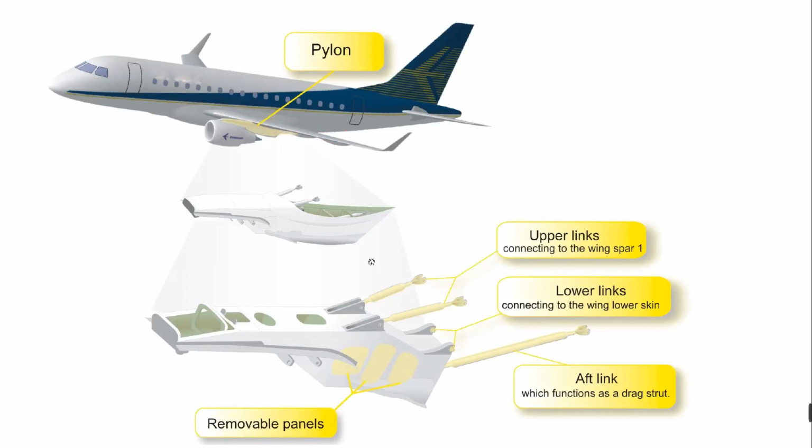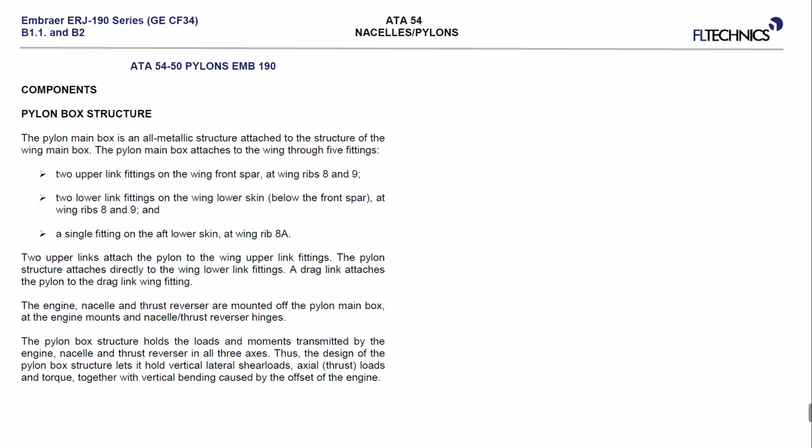So the upper link fittings are connected to the wing ribs 8 and 9. The lower fittings are connected to the skin, but at ribs 8 and 9. Okay, the same ribs, just one is on the front spar, another is on the lower skin. And this drag strut is the rib 8 alpha.